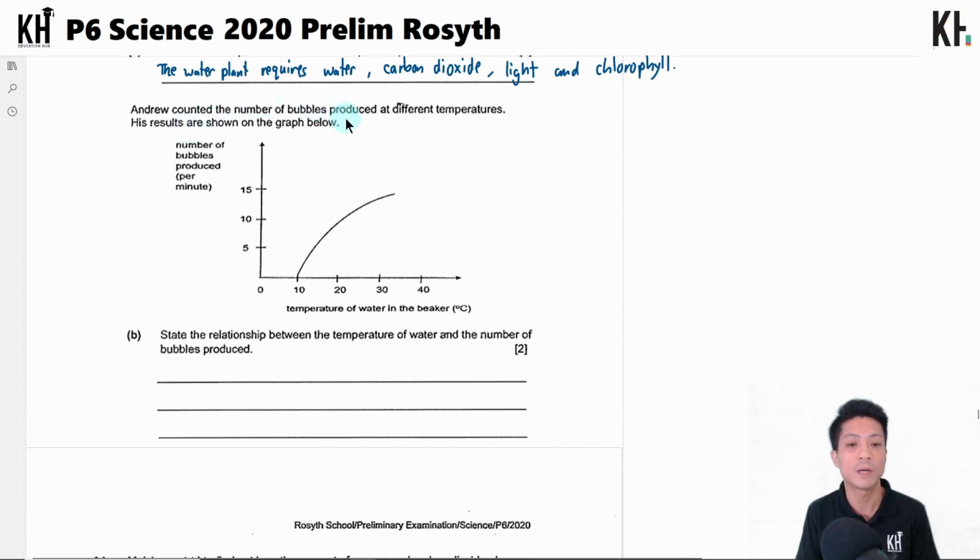Andrew counted the number of bubbles produced at different temperatures. His results are shown on the graph below.